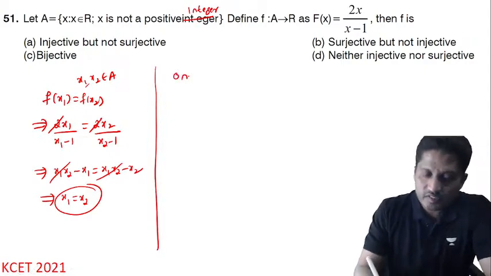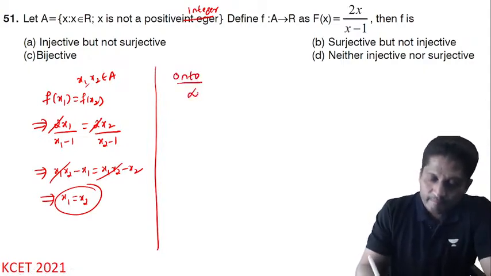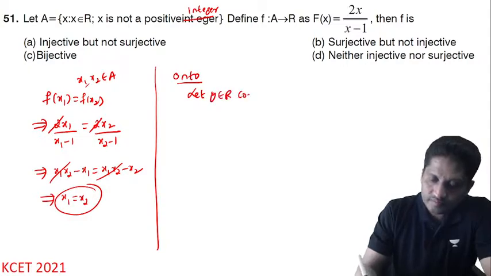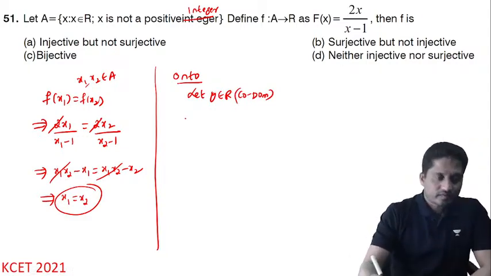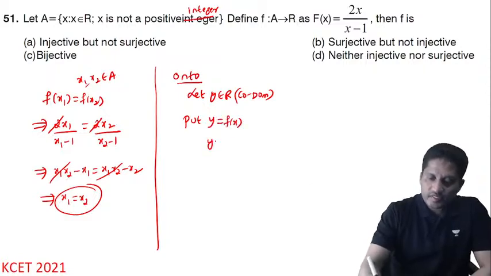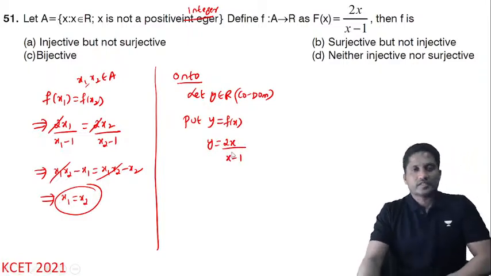If I check onto, that is surjectivity, let y belongs to capital R, that is the codomain. Put y is equal to f of x, so y is equal to 2x divided by x minus 1. This is y as a function of x, right?